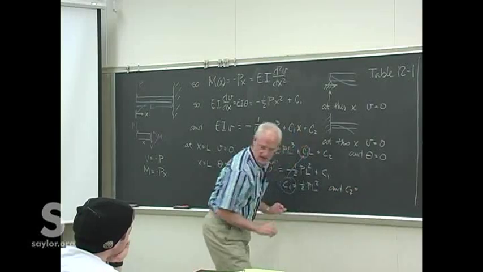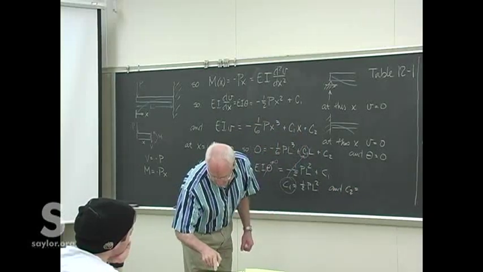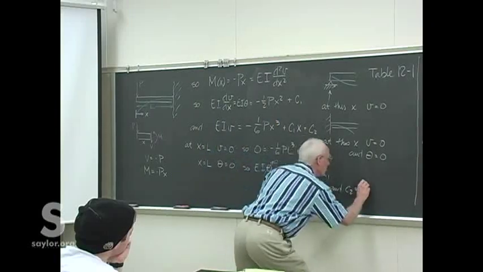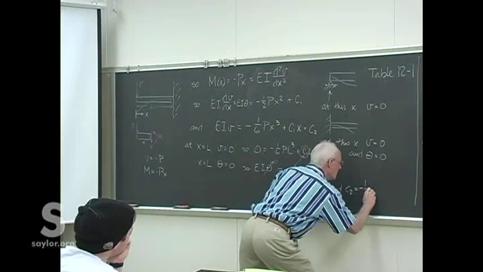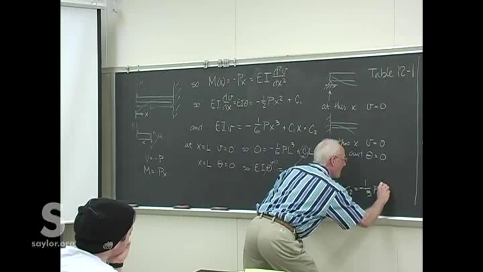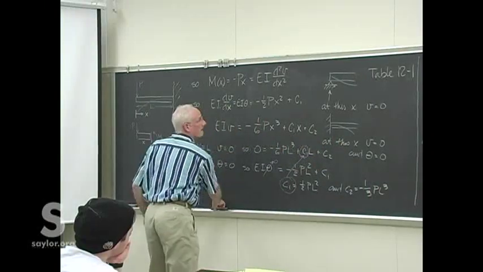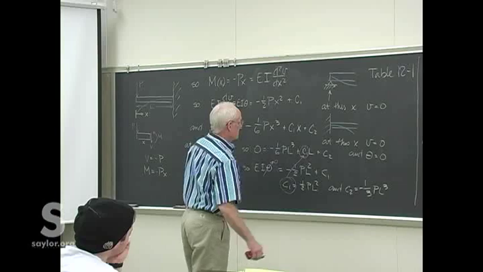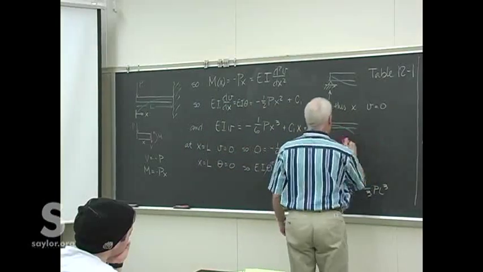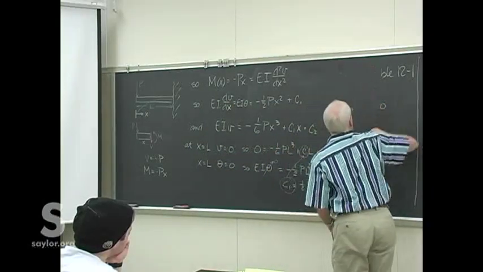And so C2 equals minus 1/3 PL cubed. And so now we've got the whole curve.